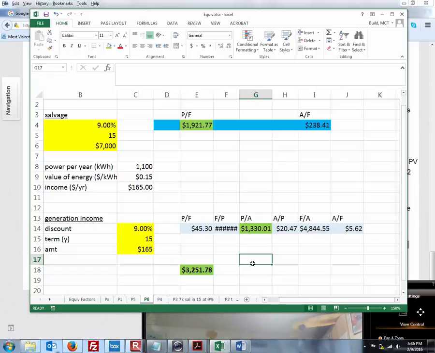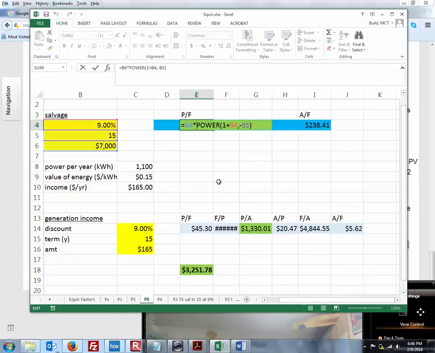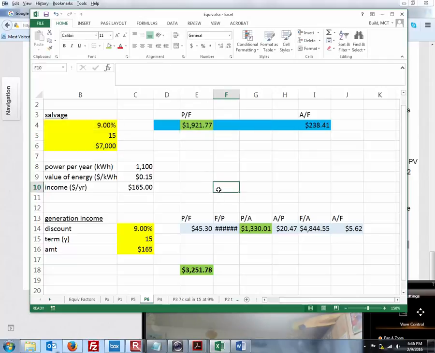Is that? Something still doesn't seem right. Because if it was, no, that can't be right. Present or the future. The present value should be worth more than that.